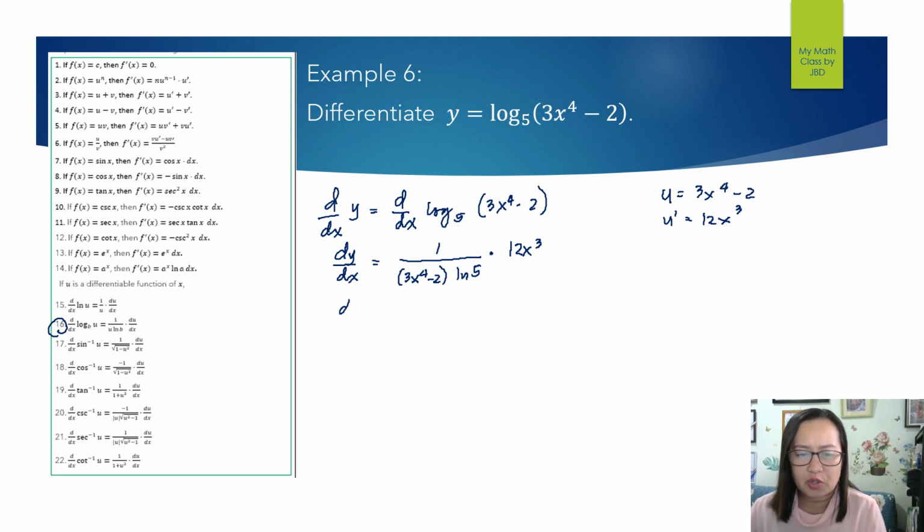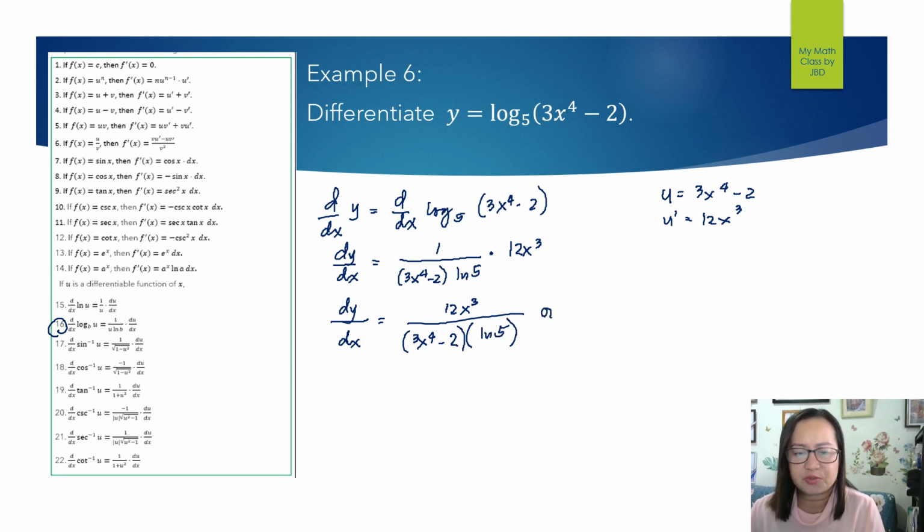Now, performing multiplication, we will have 12x cubed in the numerator, and in the denominator we have 3x to the fourth power minus 2 times ln 5.